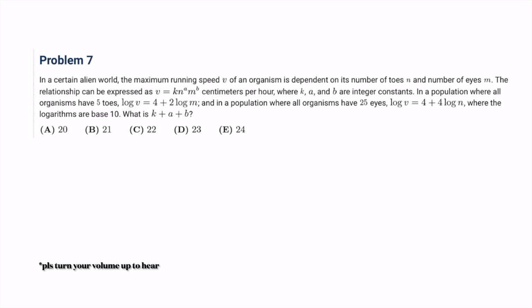In a population where all organisms have 5 toes, log v equals 4 plus 2 log m. And in a population where all organisms have 25 eyes, log v equals 4 plus 4 log n, where the logarithms are in base 10. What is k plus a plus b?